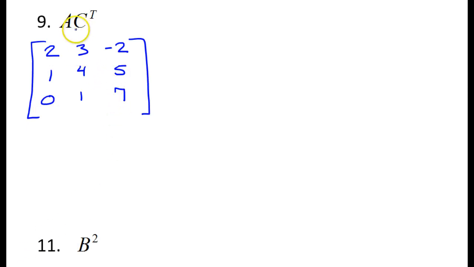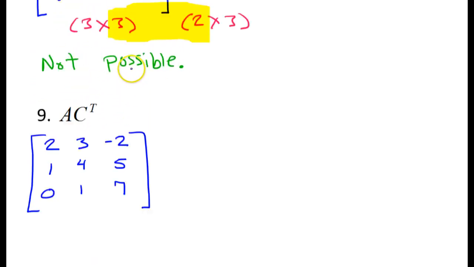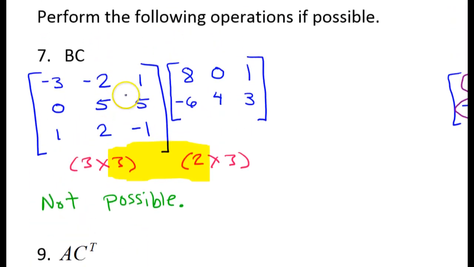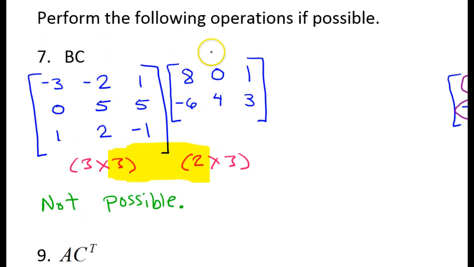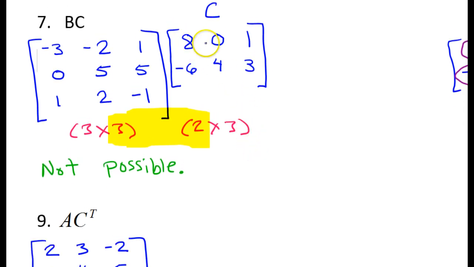For problem number 9, we need to multiply matrix A times matrix C transpose. That's what that T means. Now, what is matrix C transpose? Well, first of all, here's matrix C right here. Matrix C transpose means all of the rows will become columns, and all of the columns will become rows. See how row 1 is 8, 0, 1?